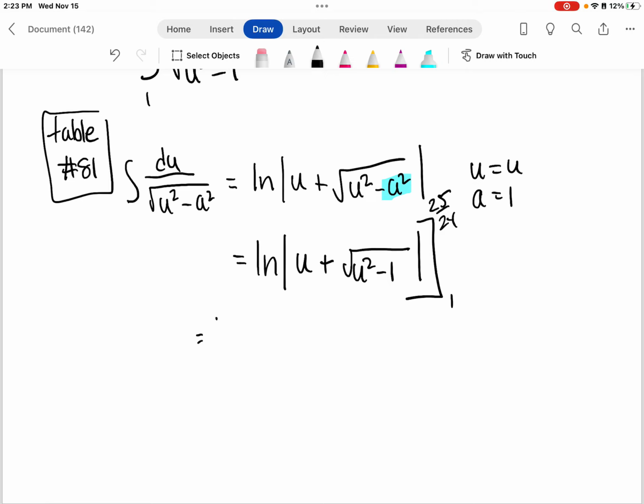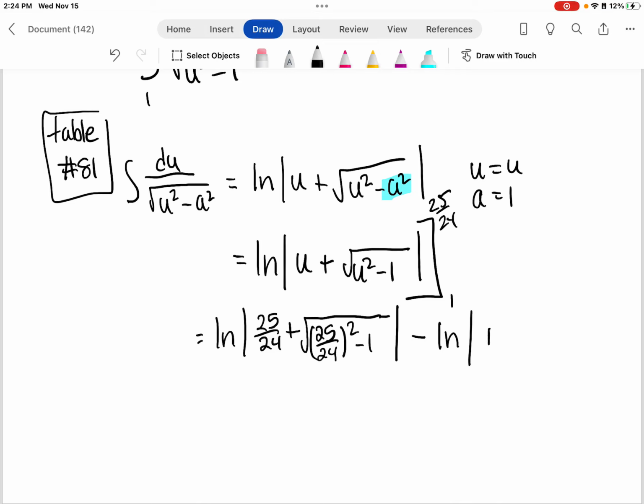If I plug in 25 over 24, I'm going to get the natural log of 25 over 24 plus the square root of 25 over 24 squared minus 1. And then I'm going to subtract what I get when I plug in 1. So that's going to be 1 plus the square root of 1 squared, which is 1, minus 1.